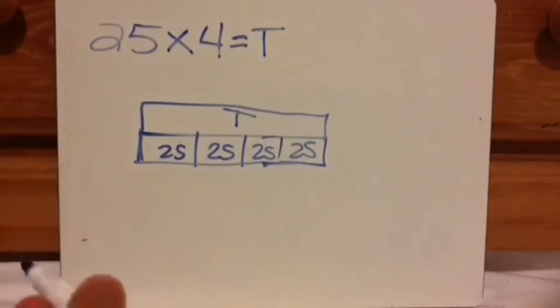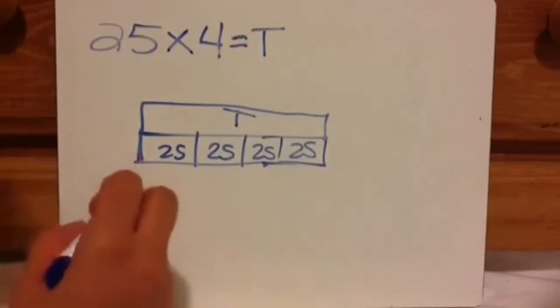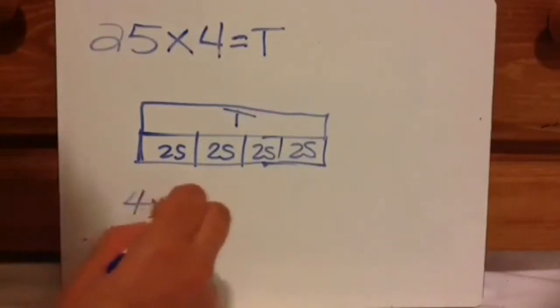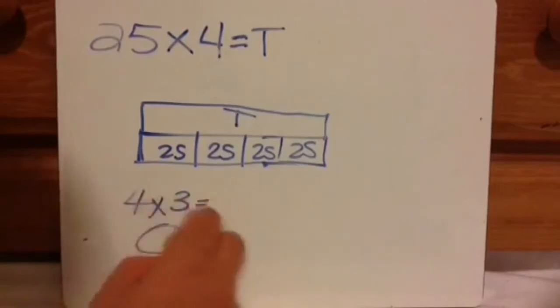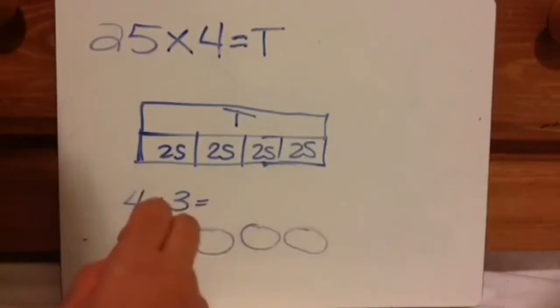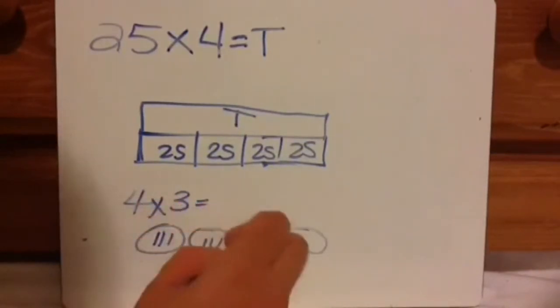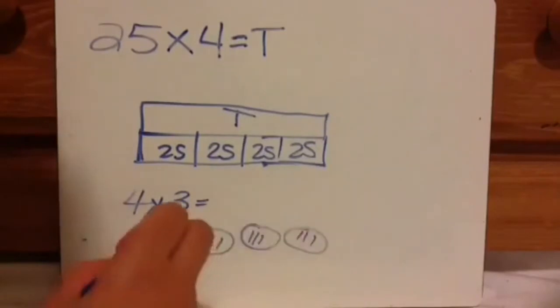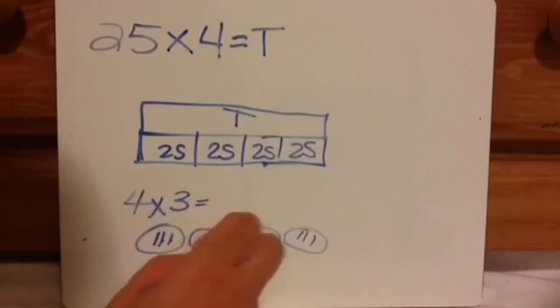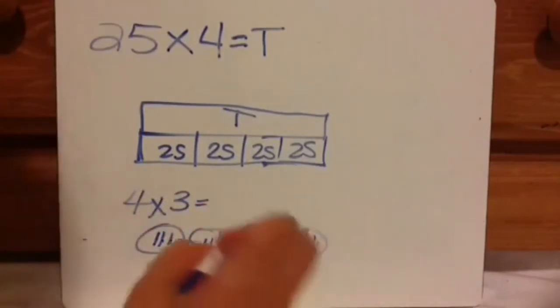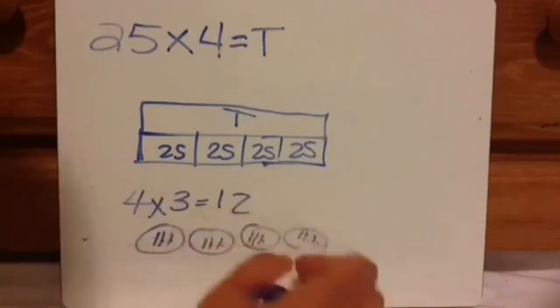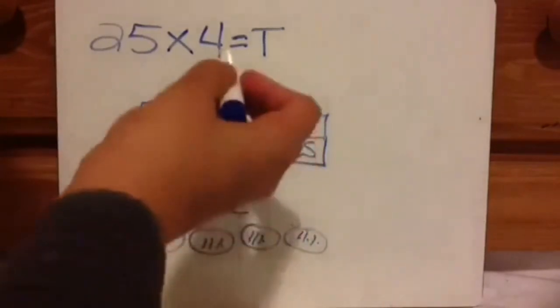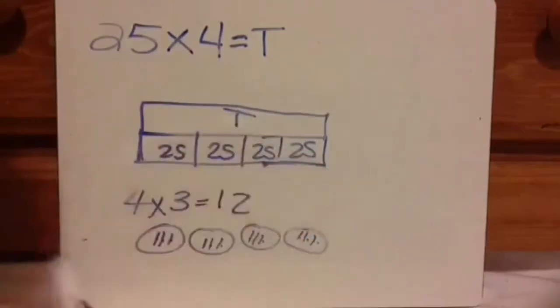When you first learned multiplication, scholars, what's 4 times 3? You were probably told, well, I have 4 groups. Each group has 3. The total is 1, 2, 3, 4, 5, 6, 7, 8, 9, 10, 11, 12. You had to draw 4 groups and put 3 in each group. Same thing. You have 4 groups, you put 25 in each group.